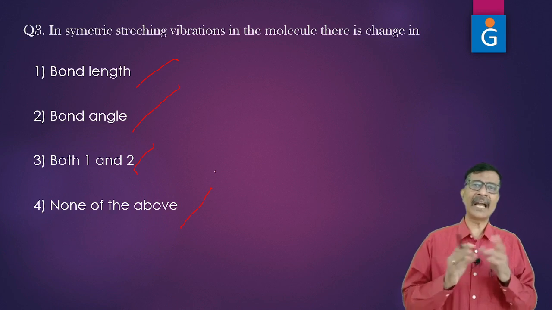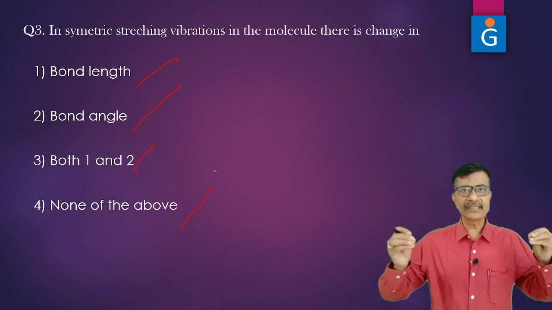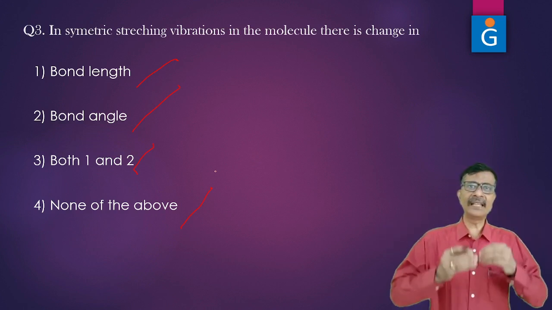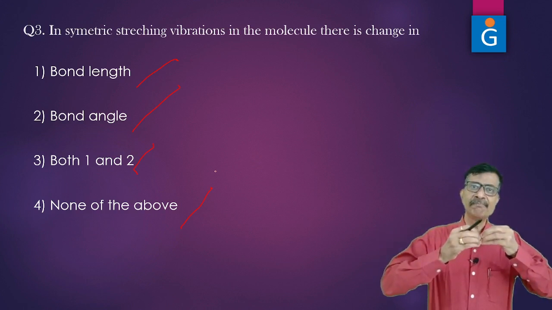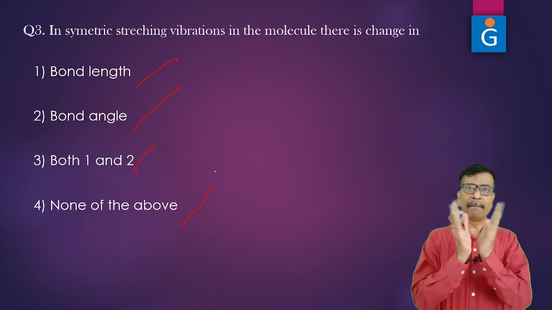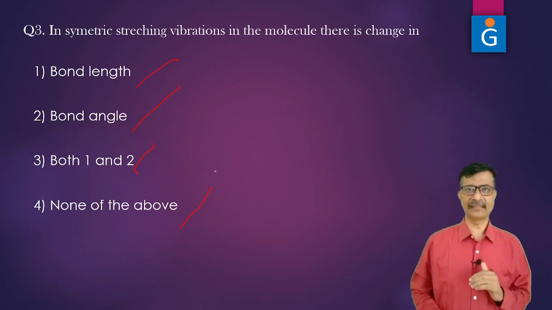The molecular vibrations are of two types: stretching vibrations and bending vibrations. When there is a stretching vibration, the change in bond length takes place. And in case of bending vibrations, change in bond angle takes place.